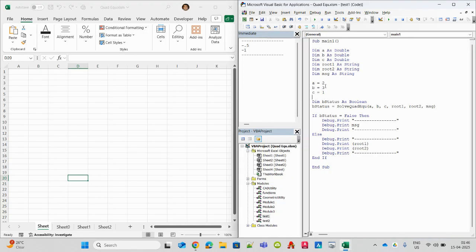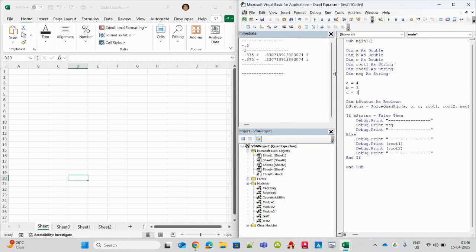Now to try different values we have to manually change the value and try again. In that case we see we are getting complex conjugate numbers.